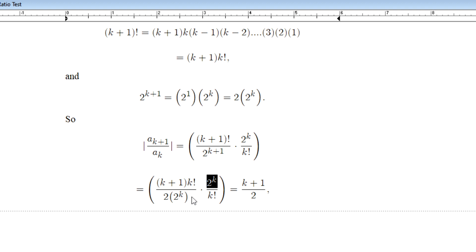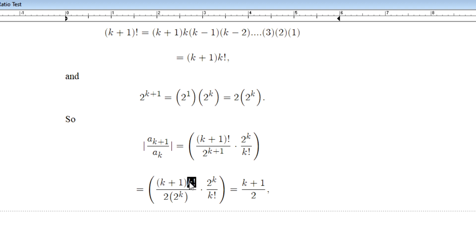When multiplied by this reciprocal of the denominator, we can now note that in that numerator, 2 to the kth will cancel with that 2 to the kth found here in the denominator. And this k factorial found in this denominator of the reciprocal will cancel with the k factorial we have here in the numerator, in this simplified nature of k plus 1 factorial.